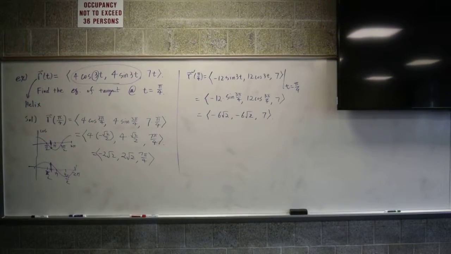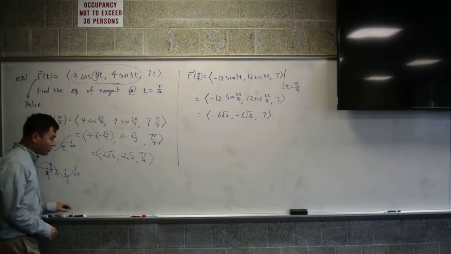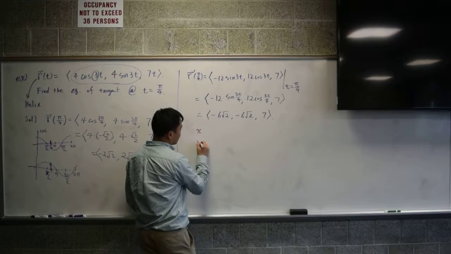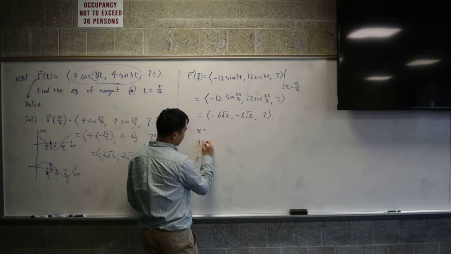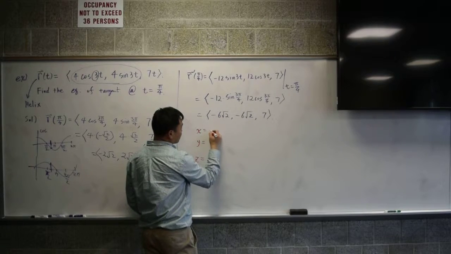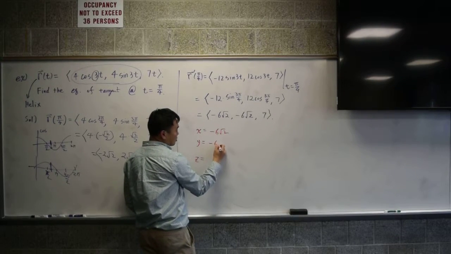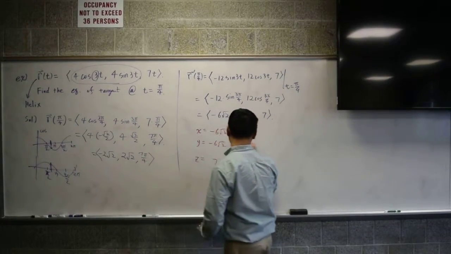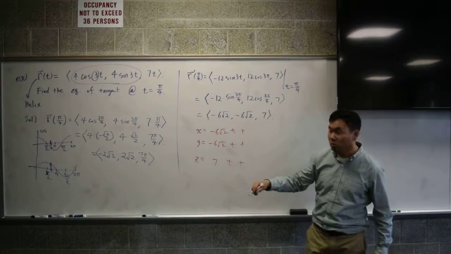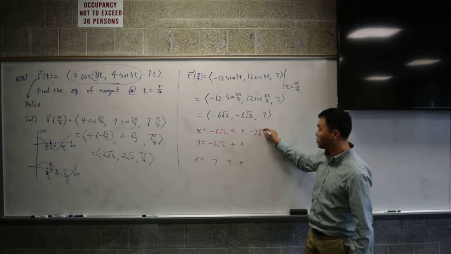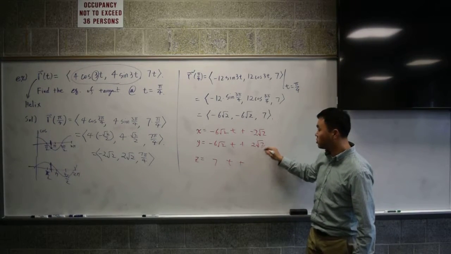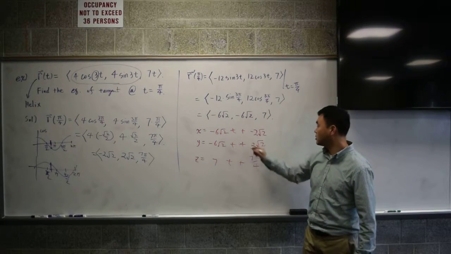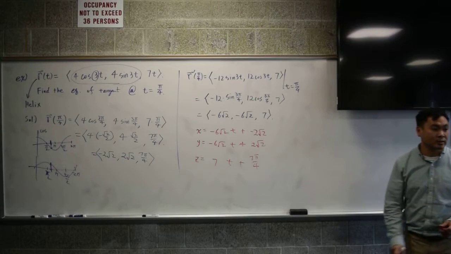Now putting the direction and the point together, we end up with x, y, z equals direction vector first: negative 6 radical 2, 6 radical 2, 7, times t, plus the position vector, which is negative 2 radical 2, 2 radical 2, and 7 pi over 4. That's the equation of the line.